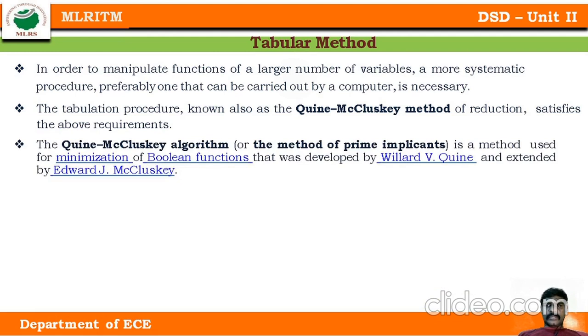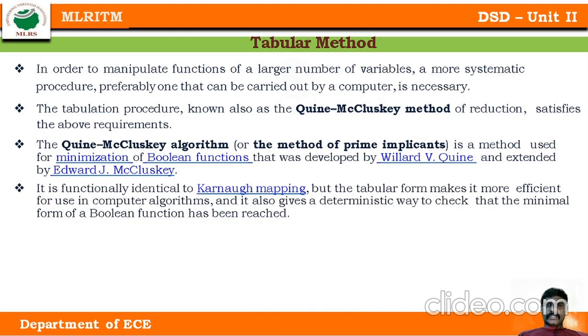This tabular method to minimize Boolean functions was developed by W. Quine and extended by Ed McCluskey. So we can say the Quine-McCluskey method.